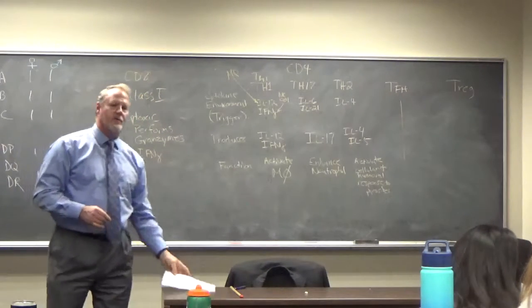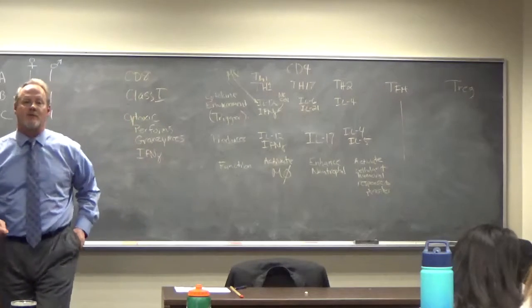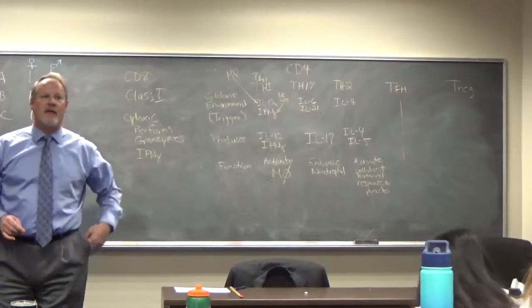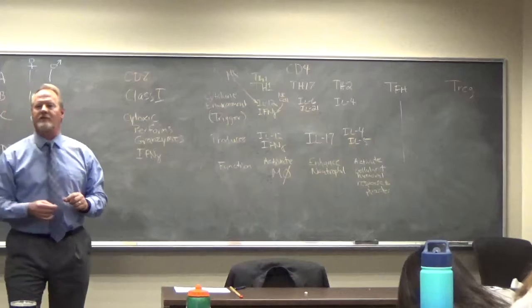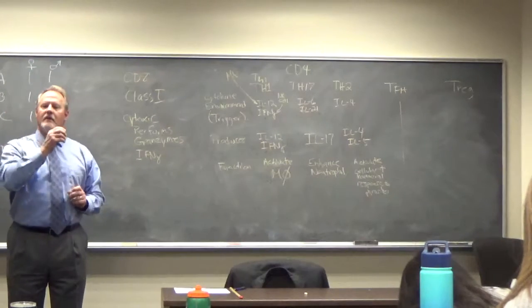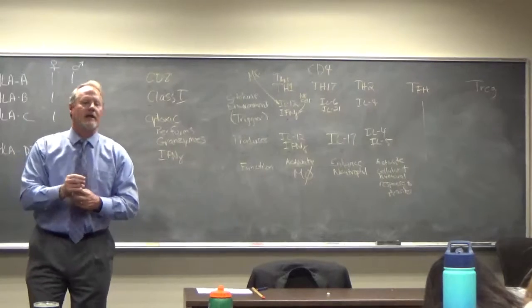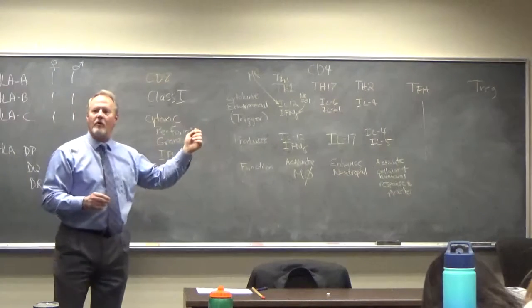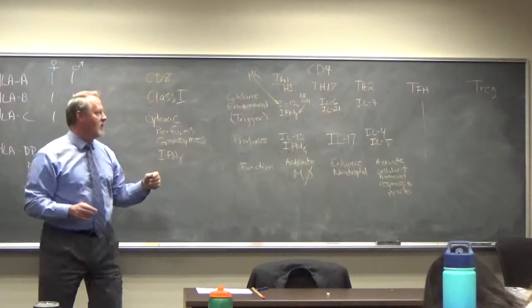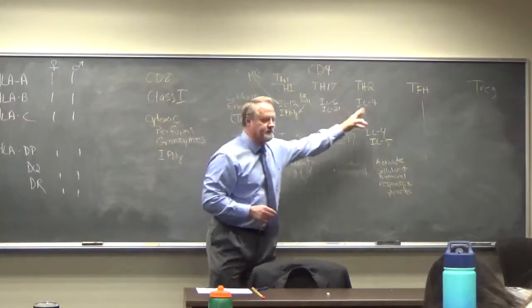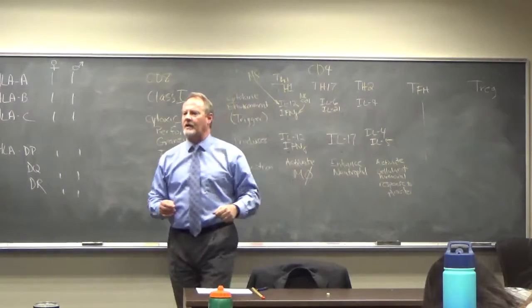What those do is they cause an isotype switch to IgE. That's one of the things that IL-4 and IL-5 do, is cause the B cells to switch to making IgE antibodies. And those IgE antibodies then go and bind to mast cells. And so it's really here for expulsion of parasites.